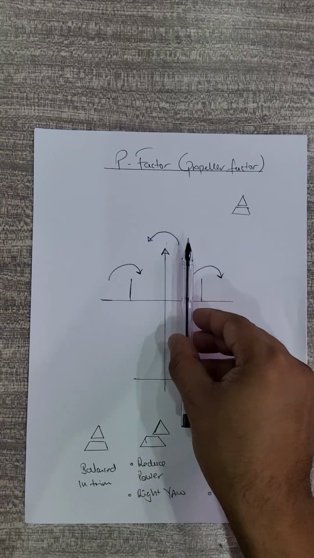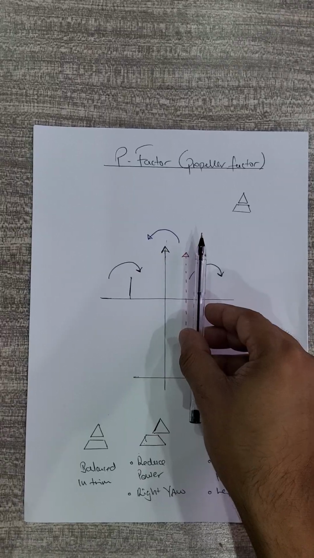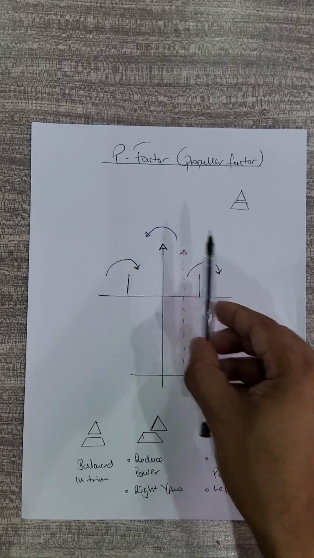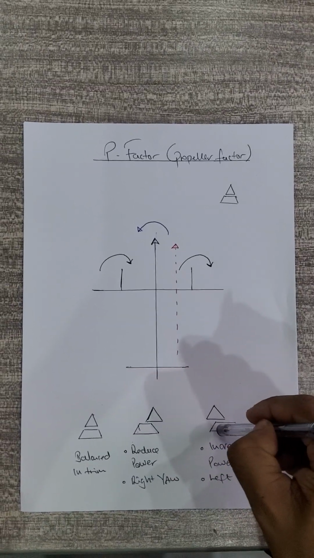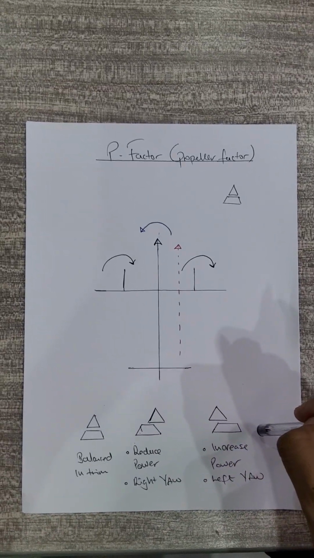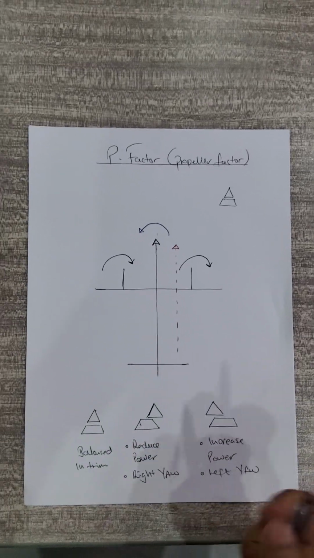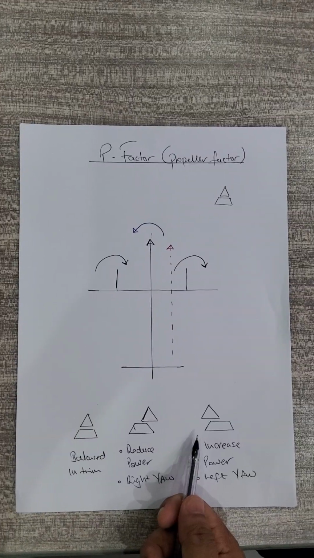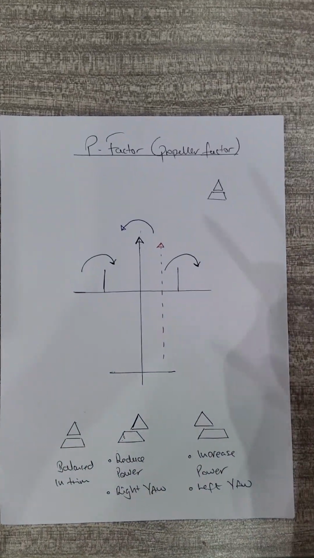Okay, it will be increasing. When that's happening, the yaw of the aircraft will be, as I said earlier, to the left. Again, because this is inertial, the slip skid indicator will move to the right. So to compensate for that, you will now do a rudder trim to the right to bring it to the center. All right, so basically this is how the P factor works in aircraft.